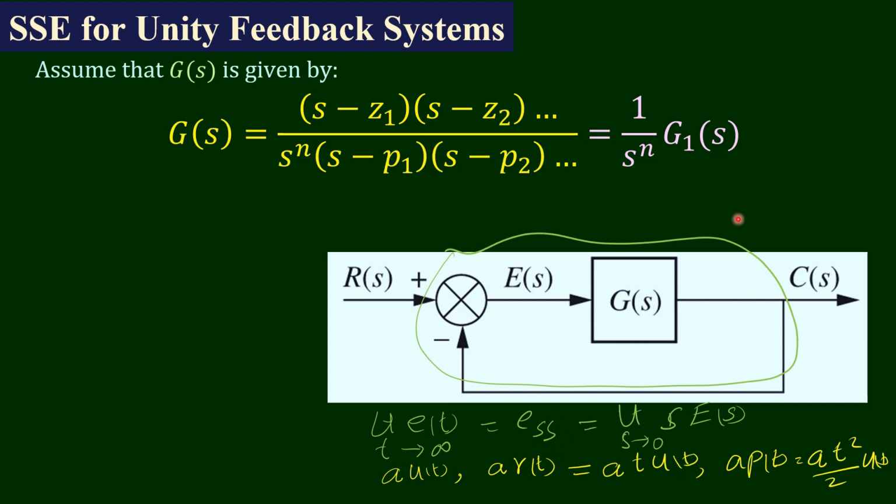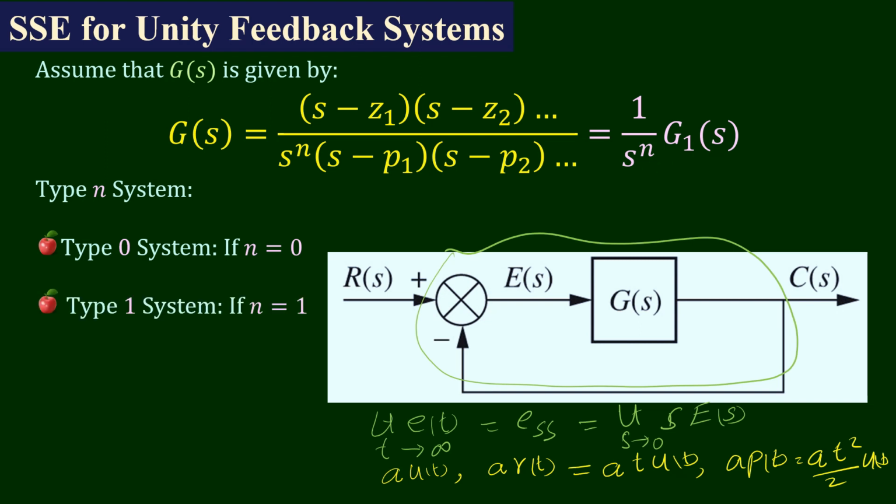Here we look, the system will be type 0 system. We say the system is a type 0 system whenever n is equal to 0. If there is no integrator in the open loop transfer function, we say it is type 0. If there is one integrator in the open loop system, this means n is equal to 1, we say that it is a type 1 system.